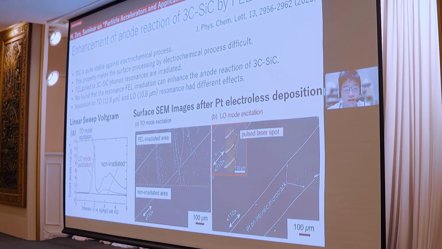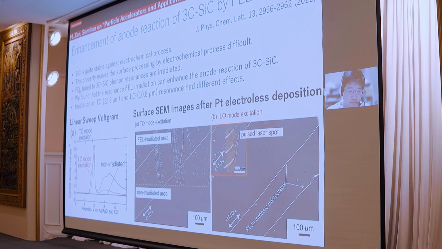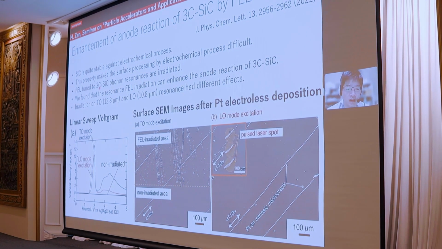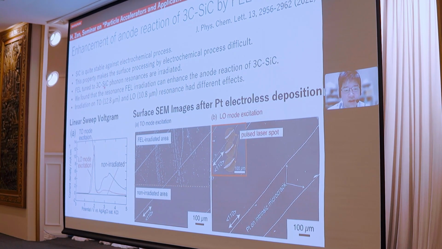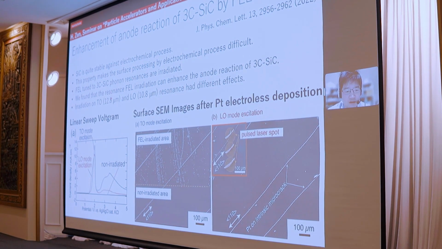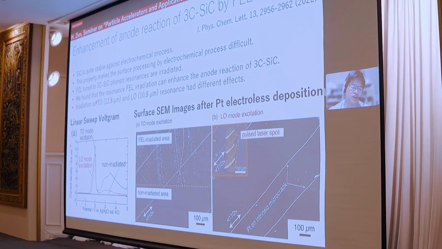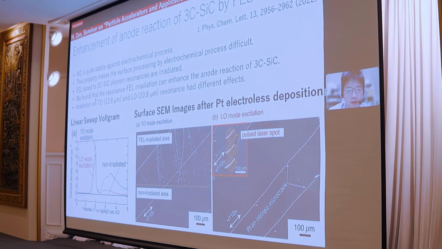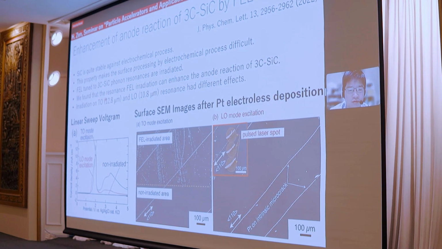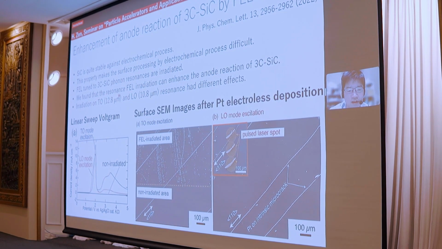And the user irradiated FL tuned to the 3C-SiC phonon resonances, and found some modification of the state or the condition of the crystal of SiC.